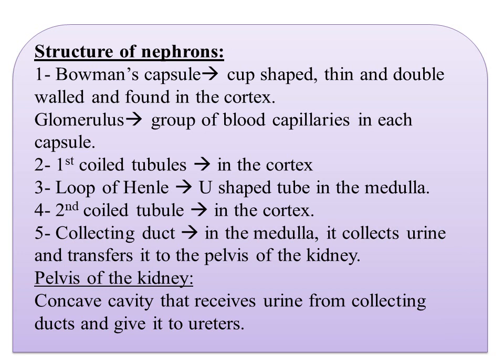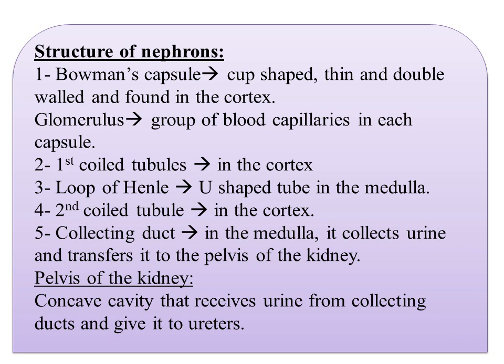So we have the proximal convoluted tubule, then the loop of Henle, then the distal convoluted tubule. Then to the collecting duct in the medulla of the kidney. It collects the urine and transfers it to the pelvis of the kidney, and from the pelvis to the ureter, then to the urinary bladder.